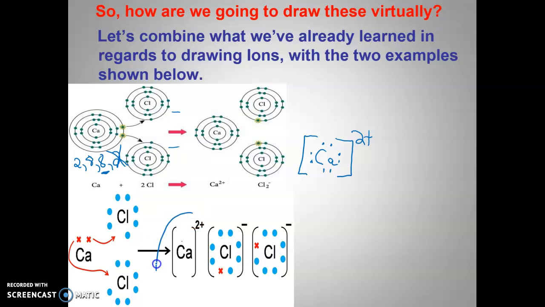So instead of doing this down here, I want you to show me that it's dropping down to its full octet in the next energy level. Then, since we're doing calcium chloride right now, we have 2 chlorine atoms to worry about, so we're going to draw both of those.